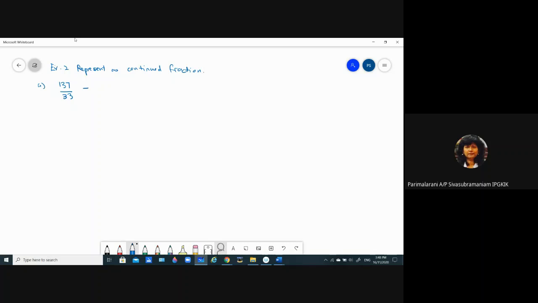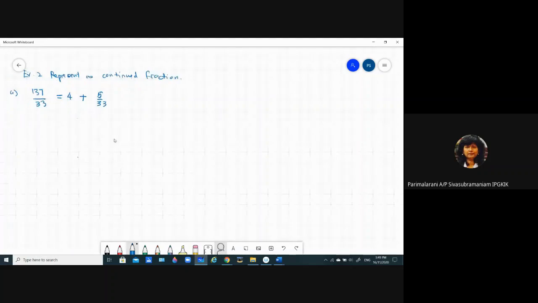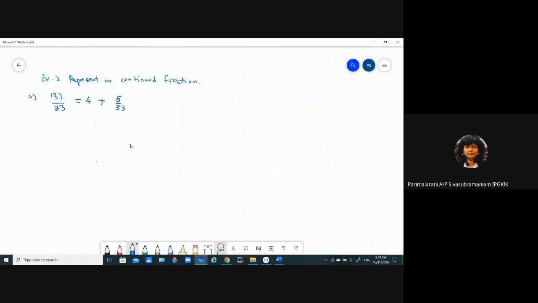So we know 137 over 33 is 4 plus 5 over 33, correct? How do we get this? 137 divided by 33, we get 4, remainder 5 over 33. Now we take the reciprocal of this. 5 over 33, reciprocal is 33 over 5. 33 over 5 is 6 plus 3 over 5.